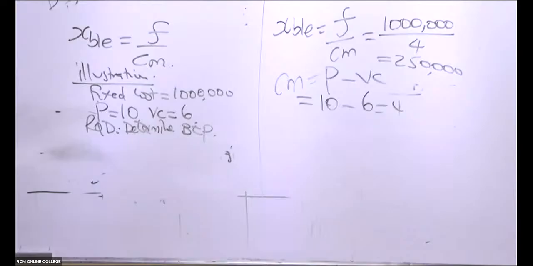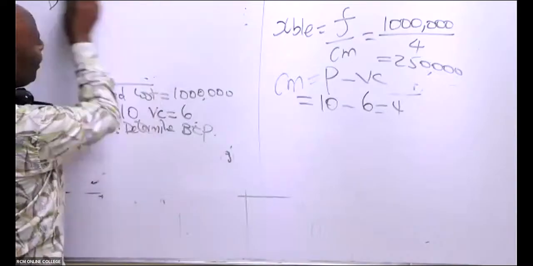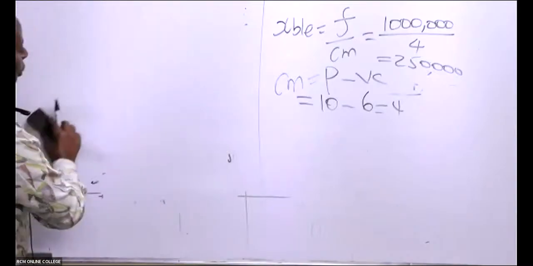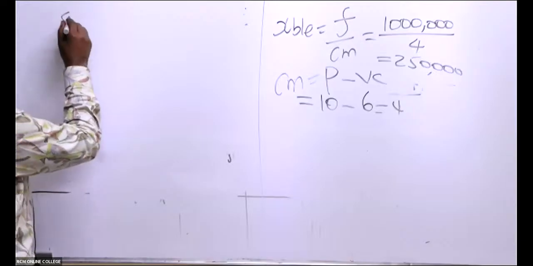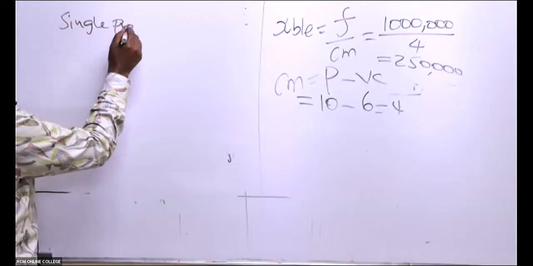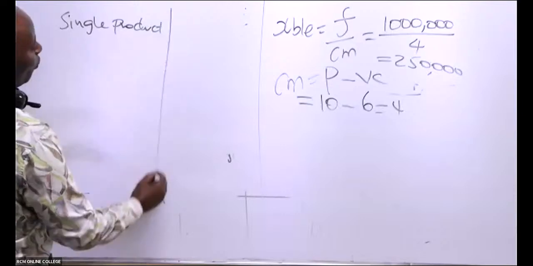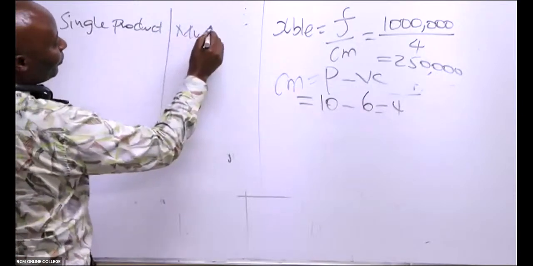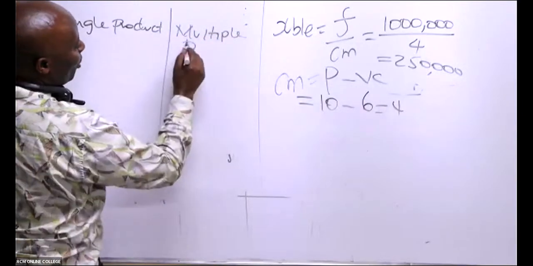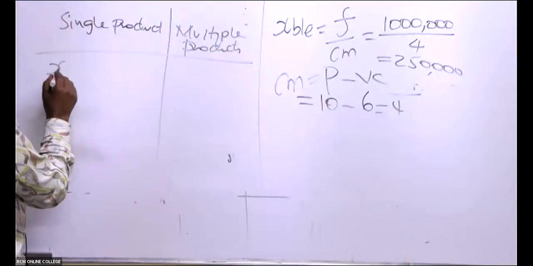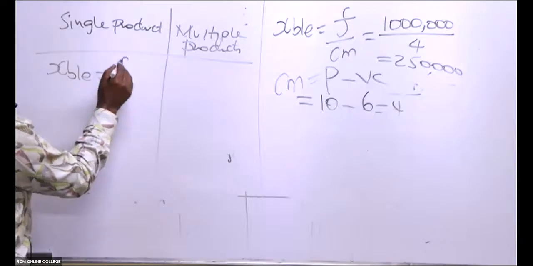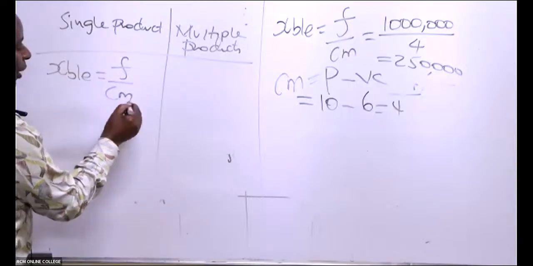Now please listen to me very carefully. What that means is that we have what we call a single product, and then we have multiple products. For a single product, to get X to break even, you take F over CM.